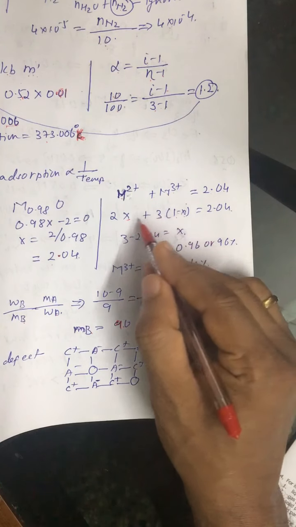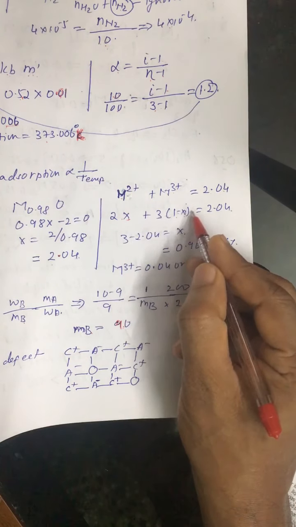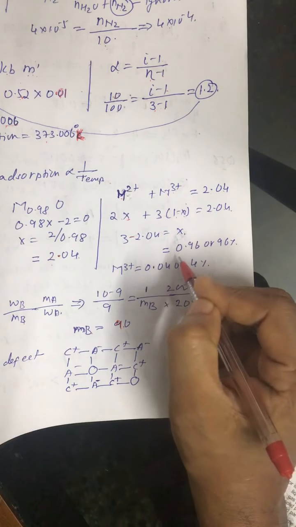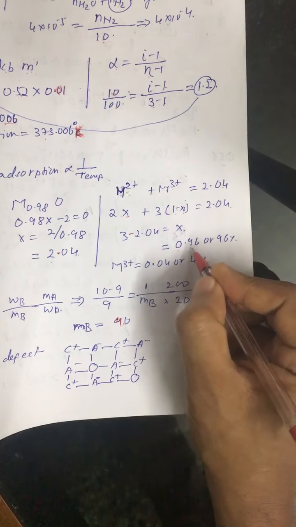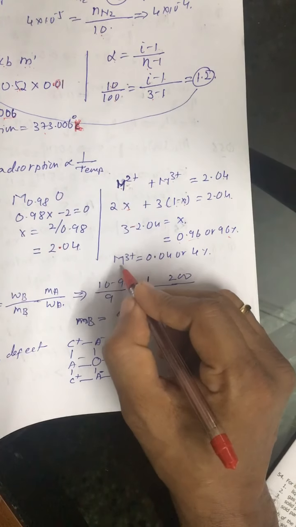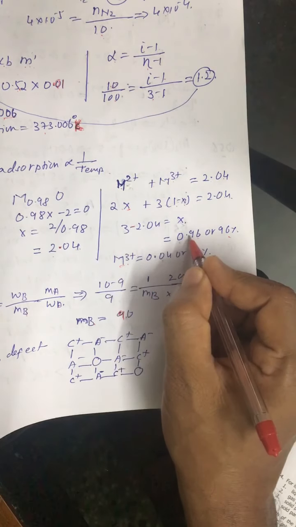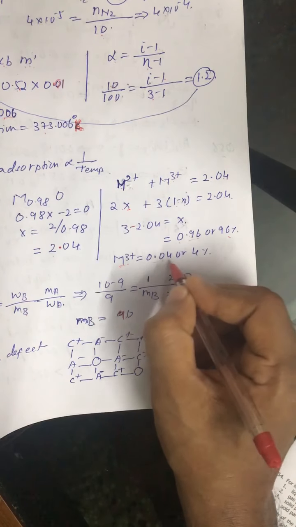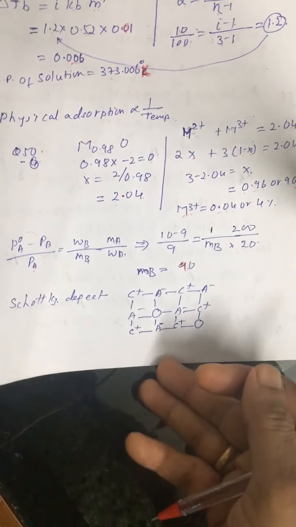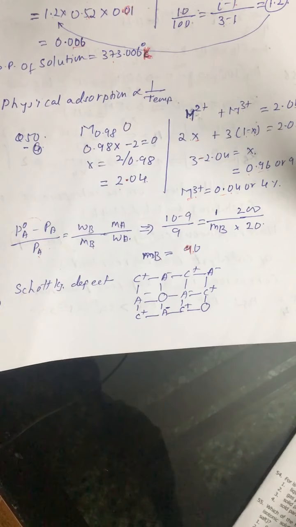So 2X plus 3 minus 3X equals 2.04, or 3 minus 2.04 equals X. X we are getting 0.96, so M2 positive is 96%. Obviously the remaining is M3 positive, that is 1 minus 0.96, 0.04 or 4%. Alright, look at question number 52.